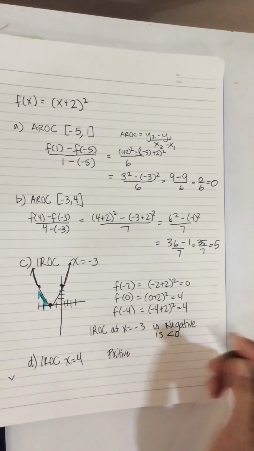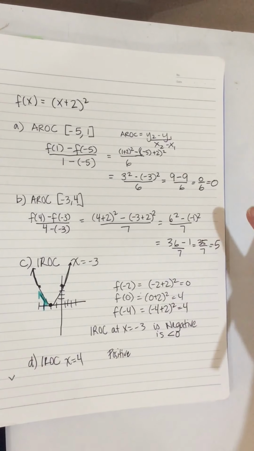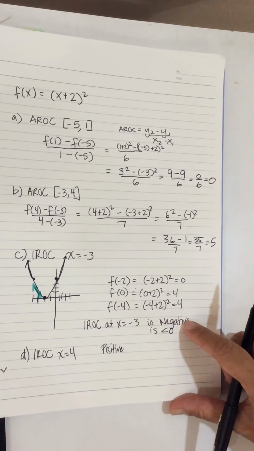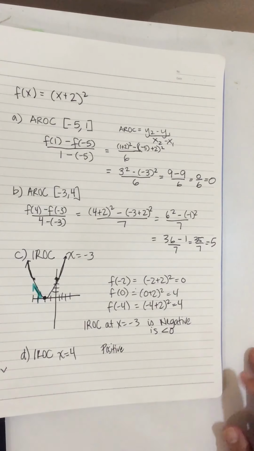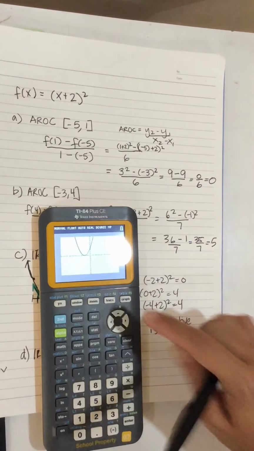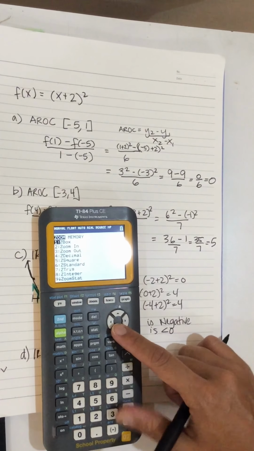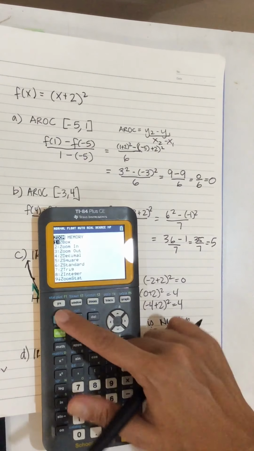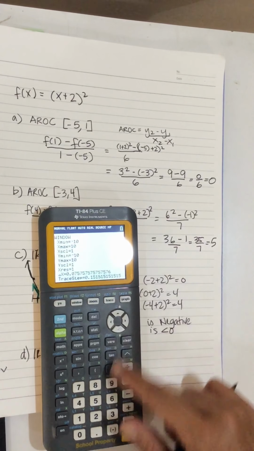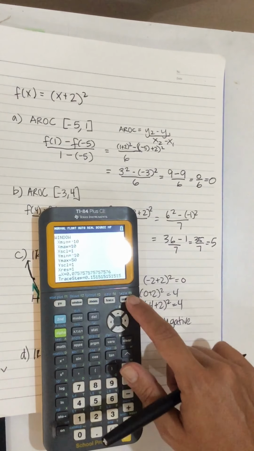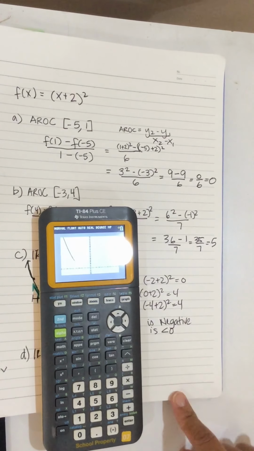So now, though, I have to think, I know it's greater than 0. I know it's greater than this slope because it's negative, this point. Is it greater than 5? And just looking at this, I'm forgetting this window. Let's go out to a y max of, I don't know, 50. Right?